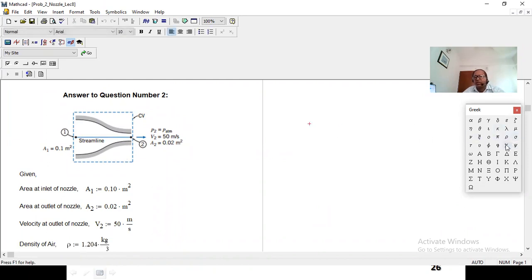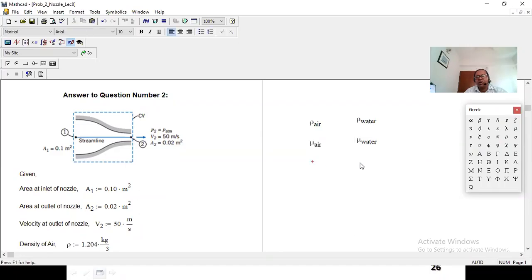In all cases, you need to know some data: the density of the air, and also you need to remember the density of the water. Then the absolute viscosity of air, and the absolute viscosity of water. Those data normally we don't give in the problem.